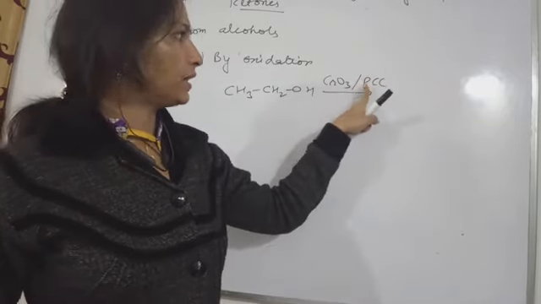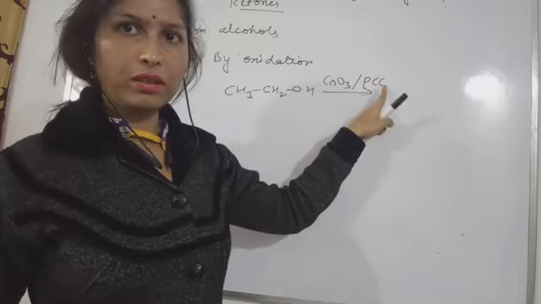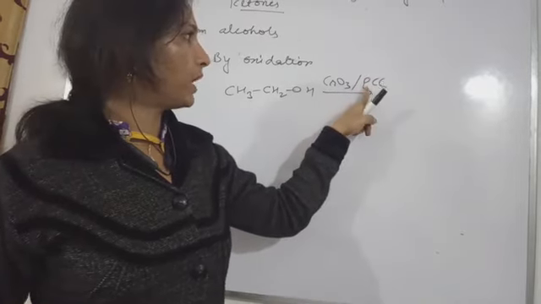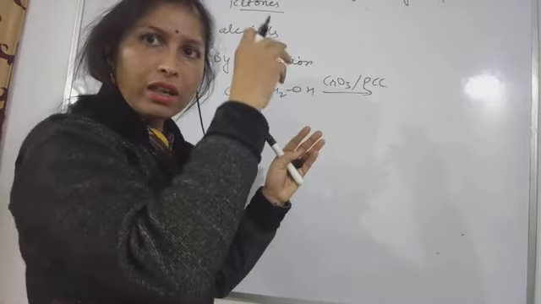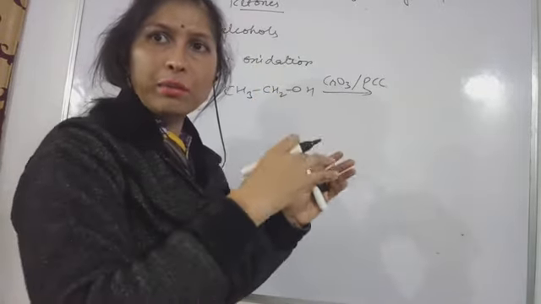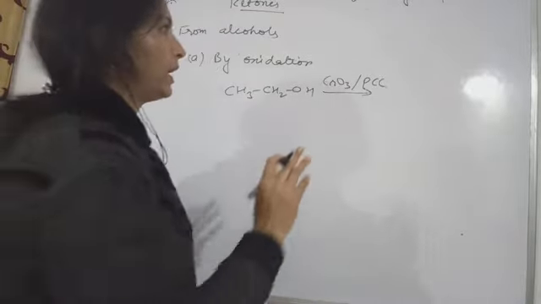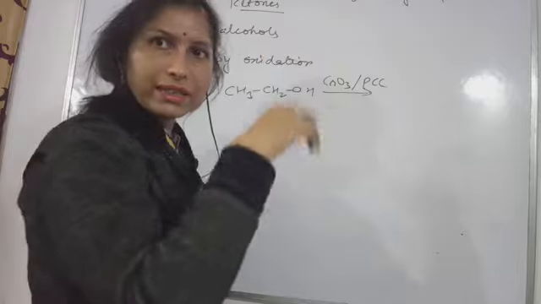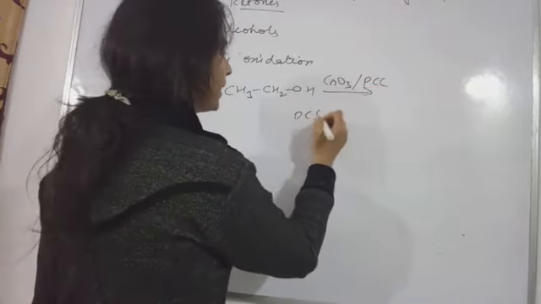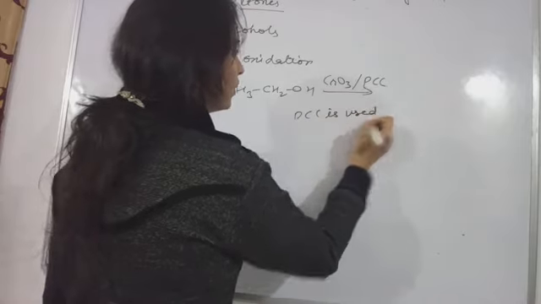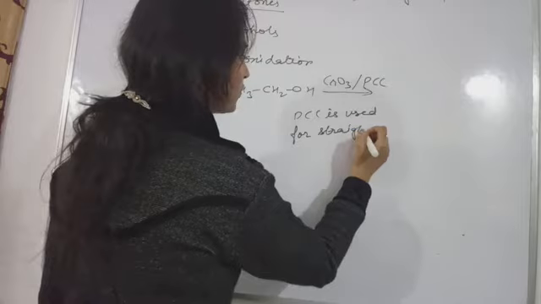So this is called PCC, pyridine chlorochromate. Pyridine means a heterocyclic ring where other than carbon you also have nitrogen. So that is pyridine, HCl plus CrO3. So this is called chlorochromate. This PCC is used for straight chain. Okay, this is used for straight chain.